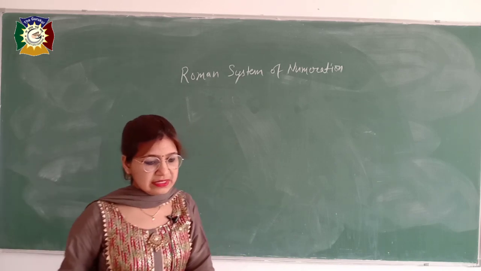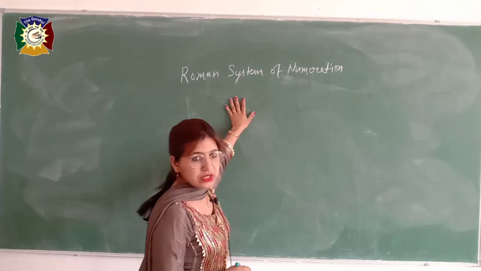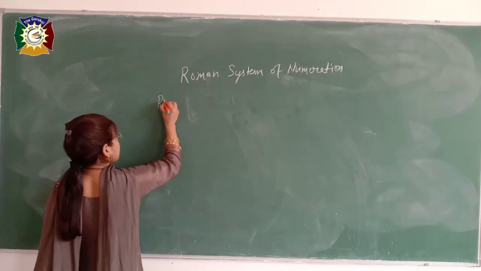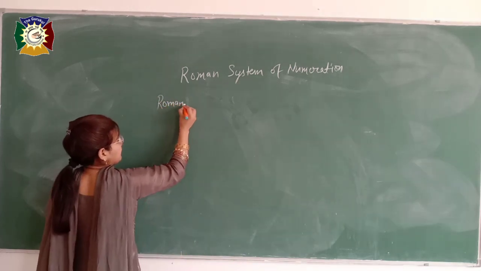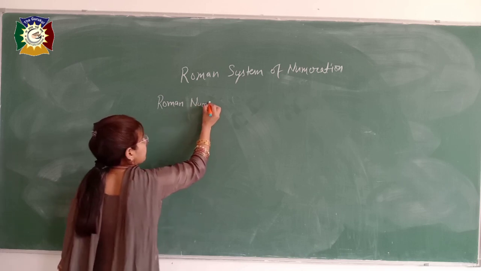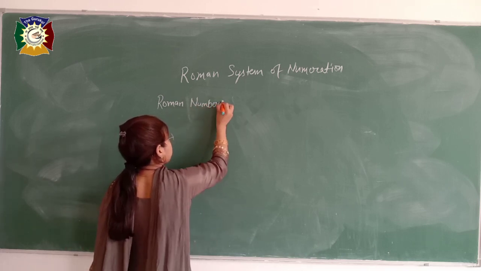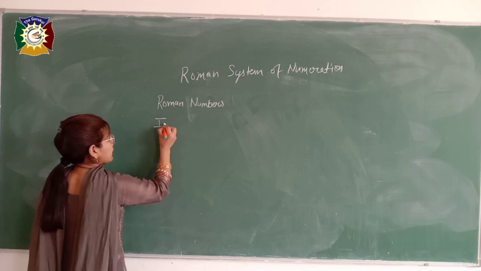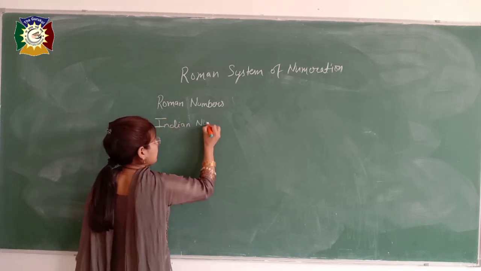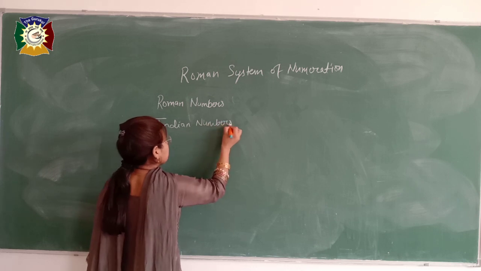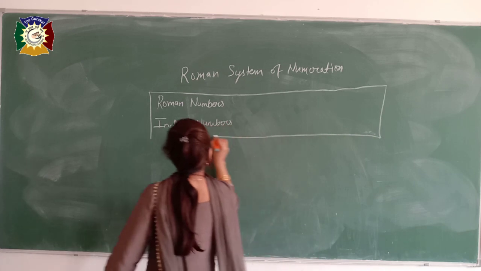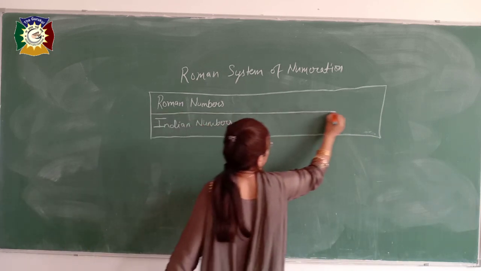Students, before doing this, I want to make a table on the board so that you will be able to do it easily. Roman numbers, Indian numbers. We have 7 symbols for Roman numbers.